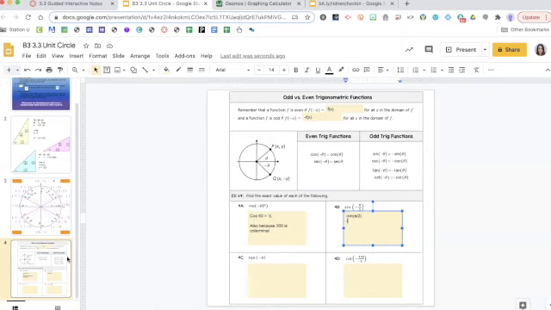Sine is the y value. What is the y value at pi over 2? We're getting some answers in.